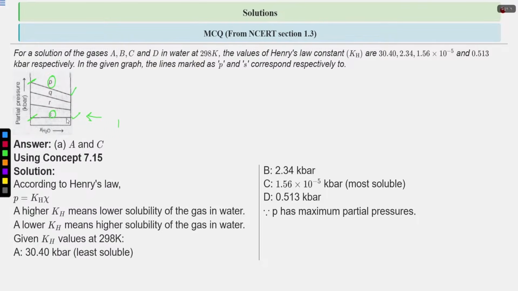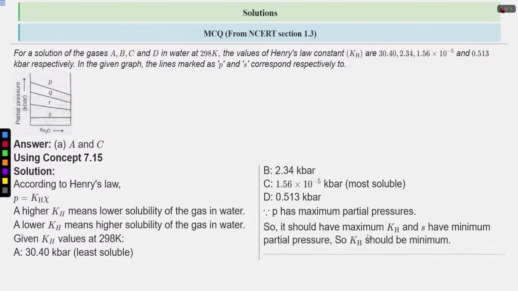That means P should have the maximum KH, right? Because partial pressure is given by KH times chi.